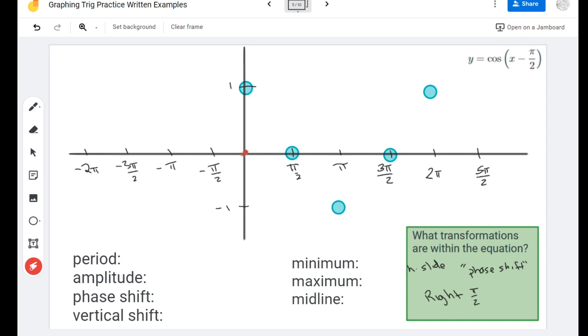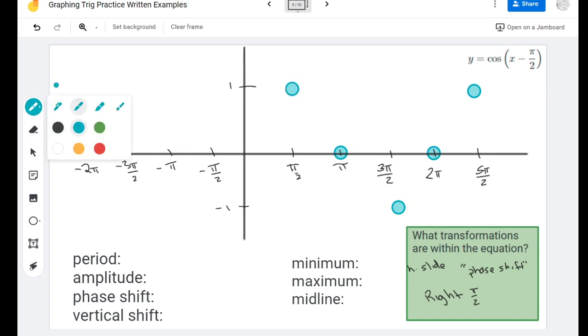Depending on whatever scale you're using down here, that might change. But in general, it's just that 1 tick mark. So I'm going to pick up every single point here and scoot it to the right by 1 tick mark. All right, now I can draw in my nice little curve.